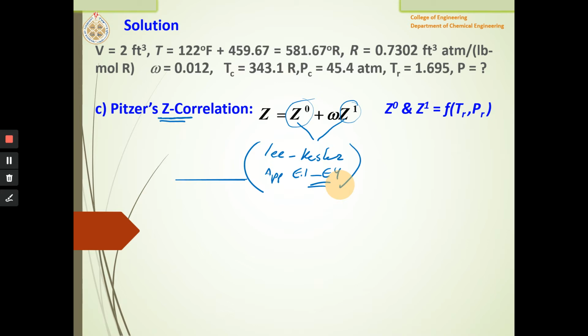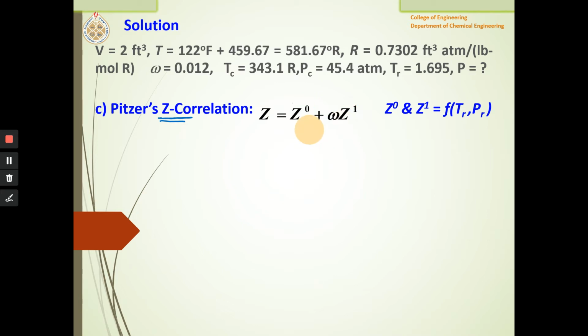Yes. So, the idea here basically is that you need to get Z0 and Z1. But we have a problem. Let me show you. If you remember last lecture, I mentioned that appendix E1 and E4, to get the Z0 and Z1, I need to have TR and PR, because Z0 and Z1 are functions of TR and PR. TR, I have no problem with it, because I have T and I have TC.